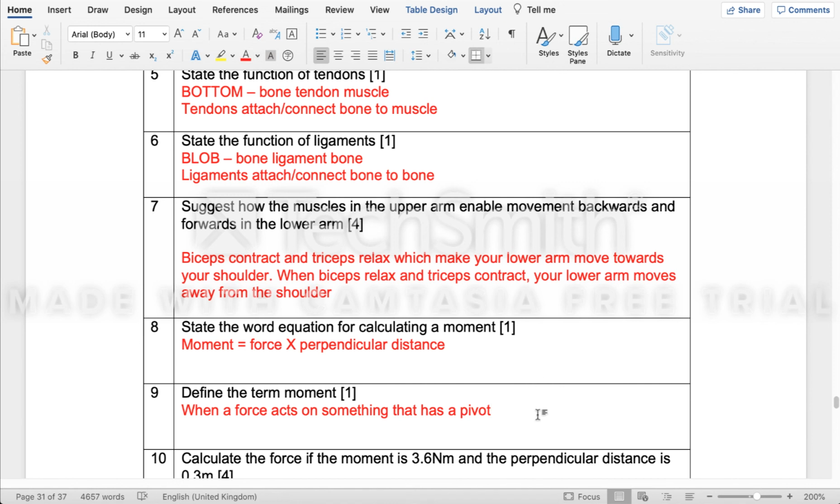When you're answering questions like this, this is the reason why you need to revise the vocabulary in every lesson. Because when you don't have the vocabulary, it's hard for teachers to think that you actually understand the content. And when you use vocabulary, it actually helps you write less, if you get what I'm saying.